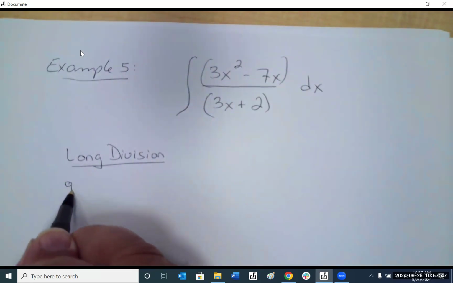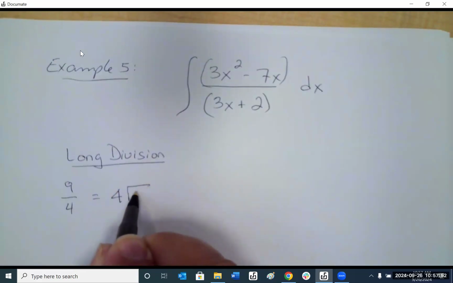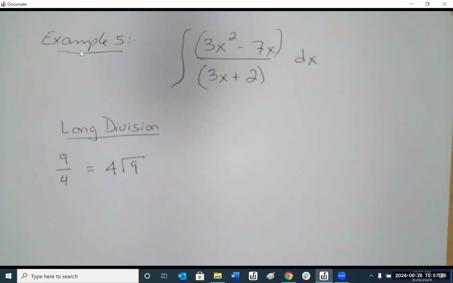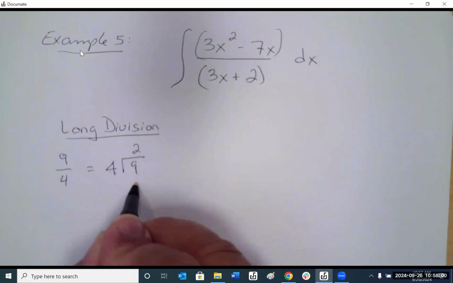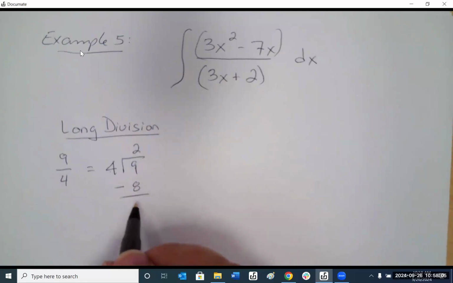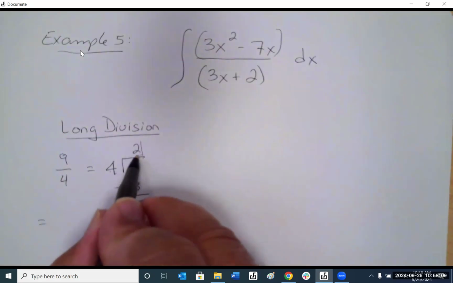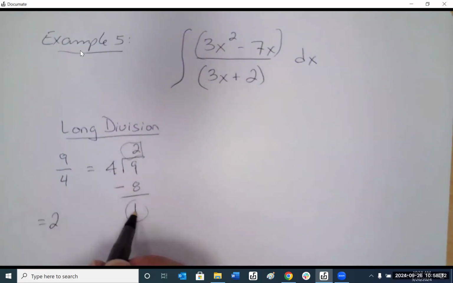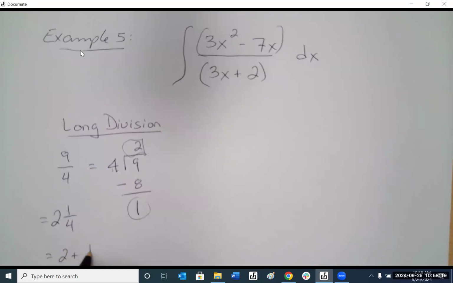So if we had 9 over 4, that can be written as this. 4 goes into 9 twice. 2 times 4 is 8. Subtract them, change the sign. And there's your remainder. So the answer is 2 and 1 over 4. That's what we're going to try to do, which becomes 2 plus 1 over 4.